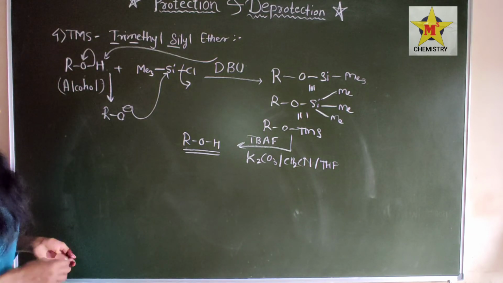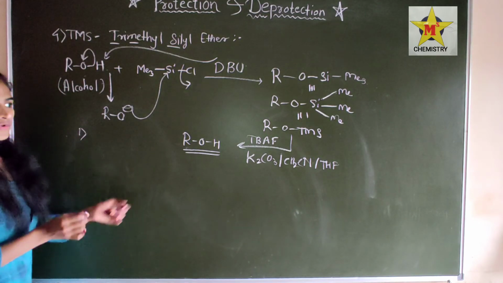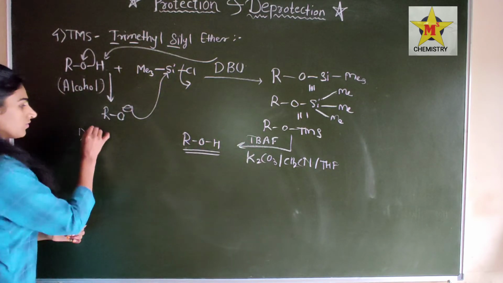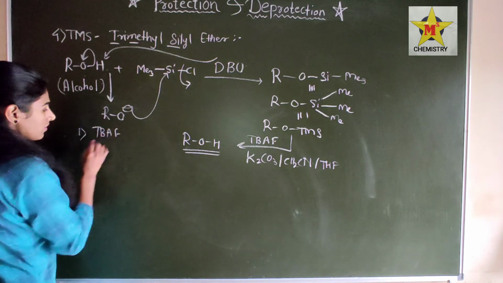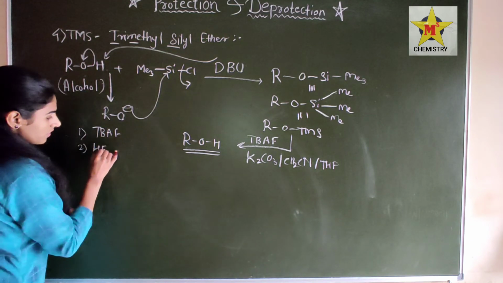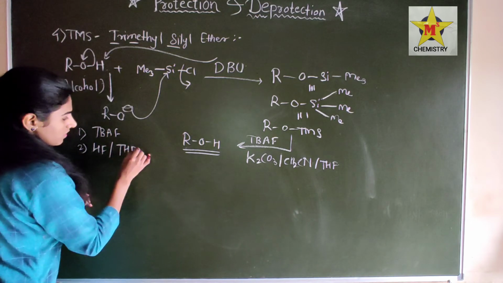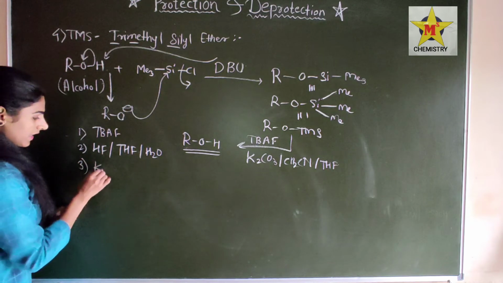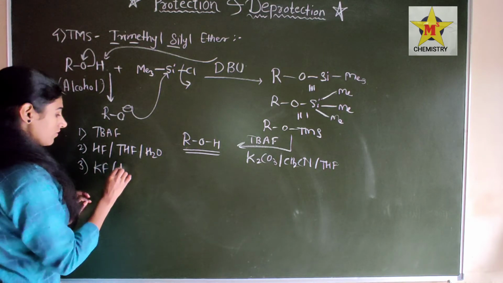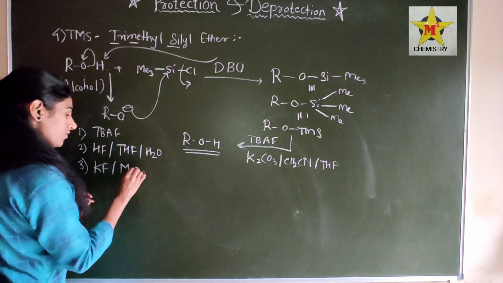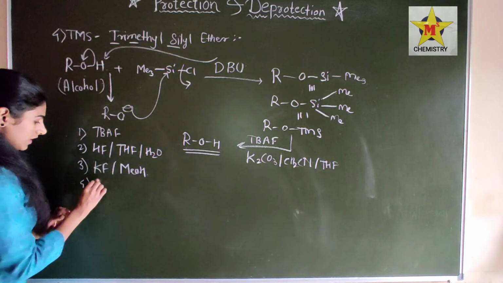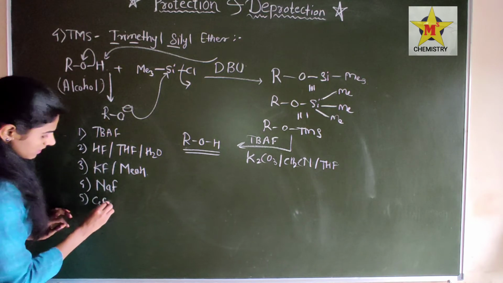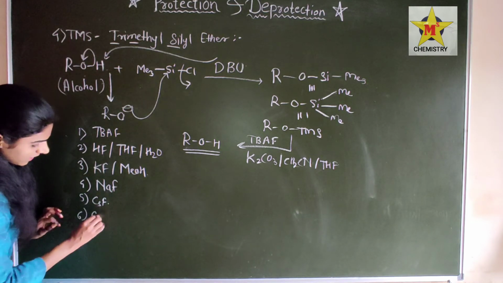Okay, there are many kinds of deprotecting reagents, meaning TBAF, or HF in THF in the presence of H2O, or KF. Okay, KF in the presence of MeOH, or NaF, or CsF, or citric acid.